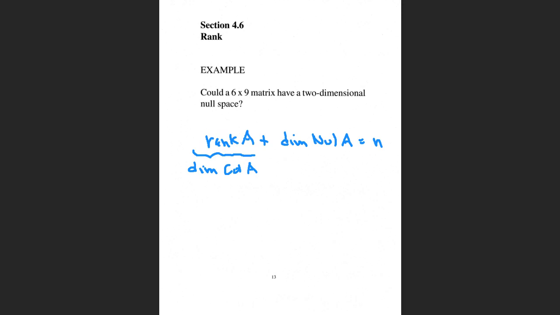So here we're saying, could this 6 by 9 matrix have a two-dimensional null space? So n in this case is 9. The dimension of the null space is 2. That means the dimension of the column space would be 7, right?